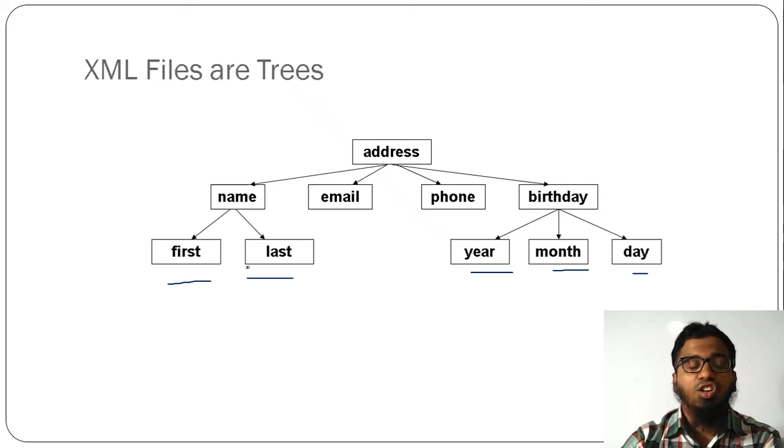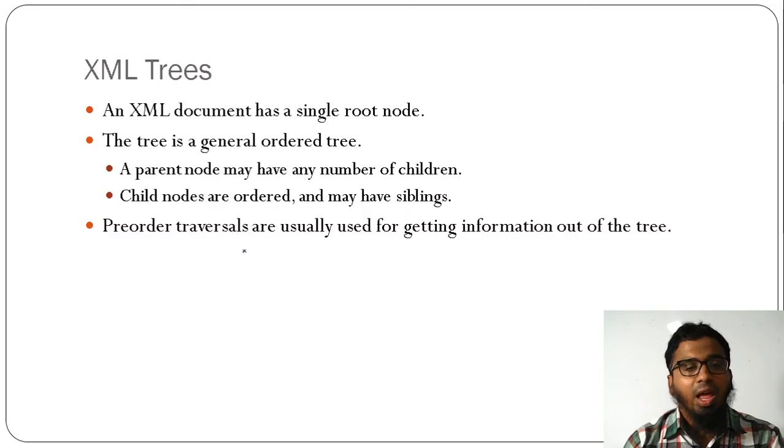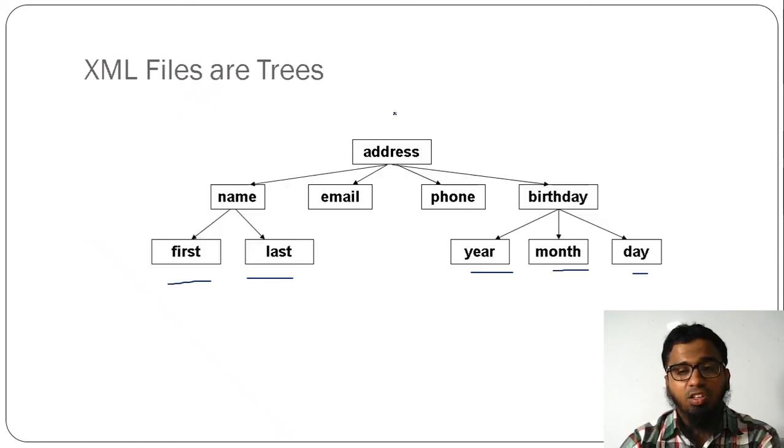So this is the structure of an XML file, or tree. XML tree: what is a tree? An XML document has a single root node. This is the root.